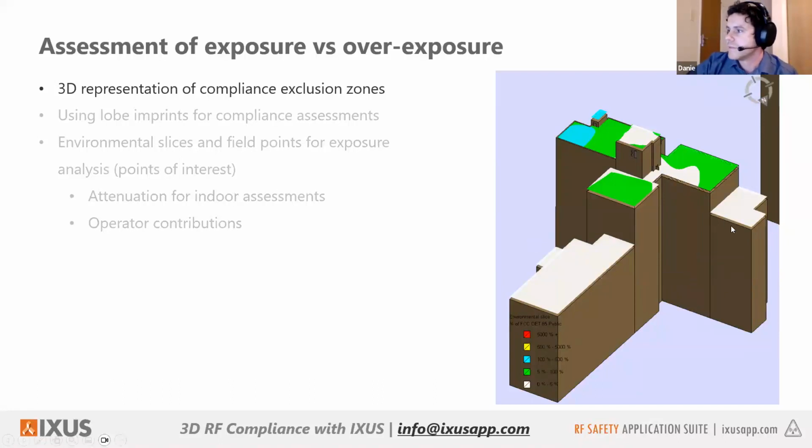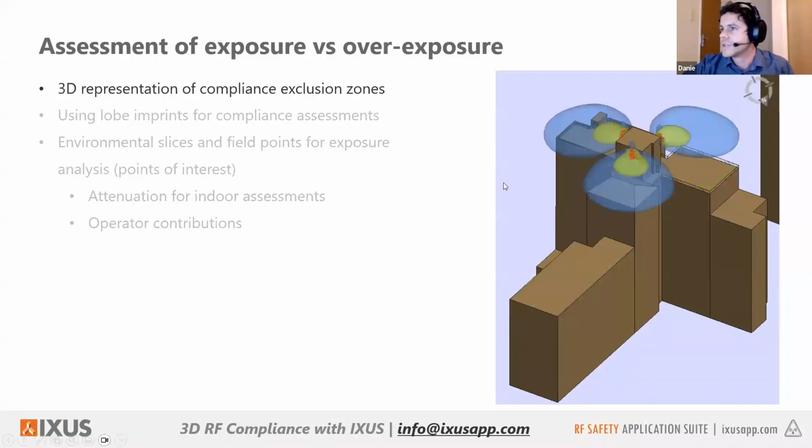But as you can see, these white environmental slices, which is 0 to 5%, you'll notice that that is actually very low exposure. So an alternative to this is using the 3D representation of the compliance exclusion zones. So these are, as mentioned, the overexposure zones.